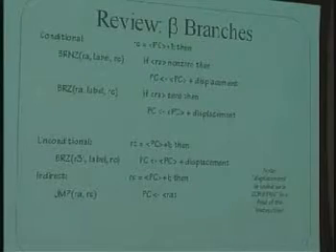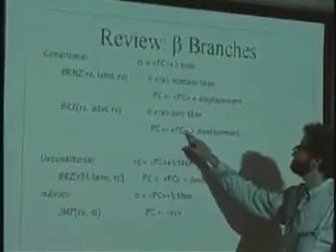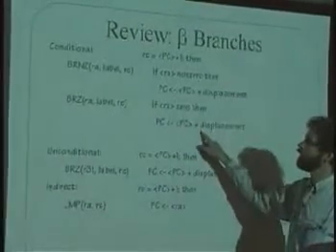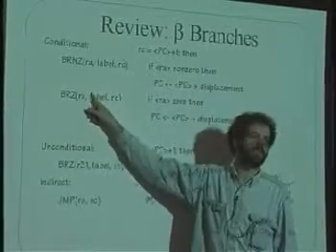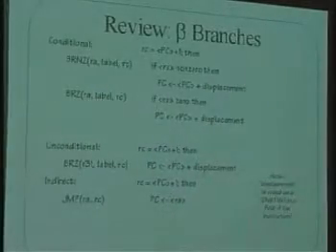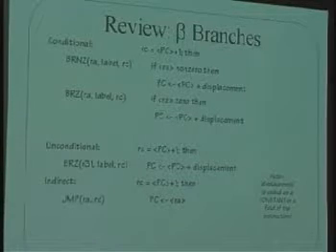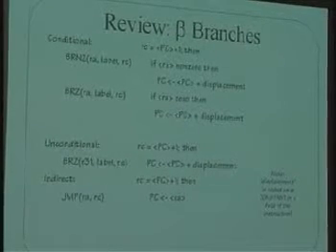Store load branch. Okay. PC equals contents of PC plus displacement. And if you remember, this displacement is this 16-bit quantity that's being put here in the center. So this is a little bit disconcerting because we have 16 bits that are telling us how much to add or subtract from the program counter when we hit this branch right here.